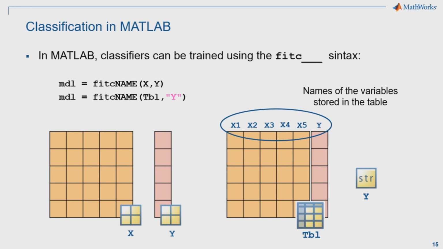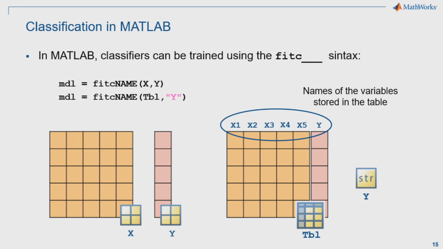There are two main syntaxes with which you can do this. The first syntax requires you to work with just arrays, so you have to organize the data. As I told you in the previous slides, you have a big matrix X of observations explained by their predictors or attributes or features, as you want to call them, and you have another array which collects all the labels of your data.